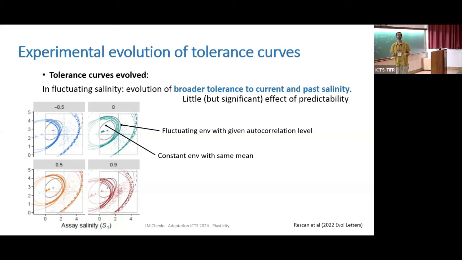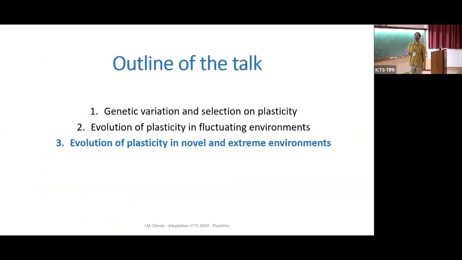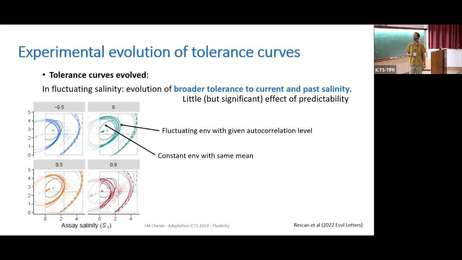But it's much too constrained to do that, so the shape didn't change much in response to environmental predictability. I had a whole new section, but I think I'm going to skip it. I don't have a conclusion, so I prefer leaving it there and responding to questions if you have any.